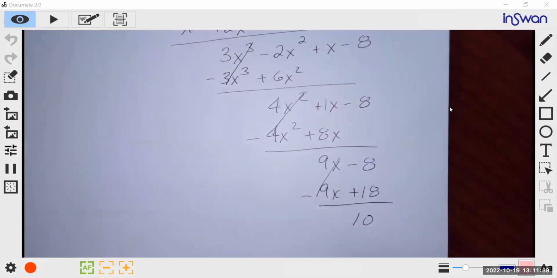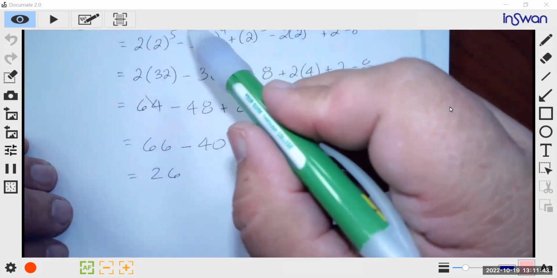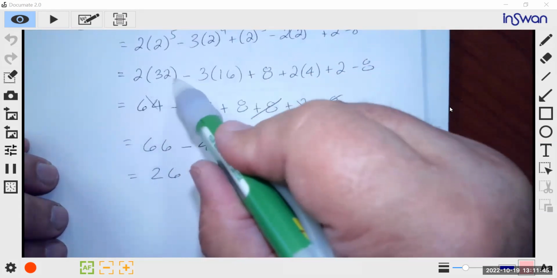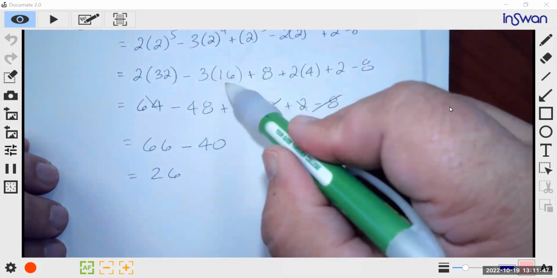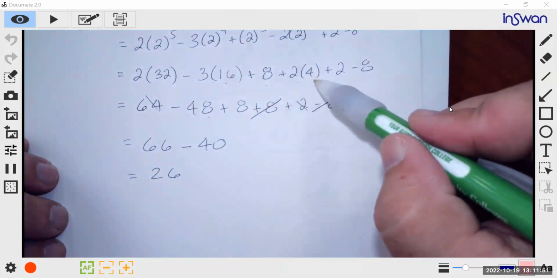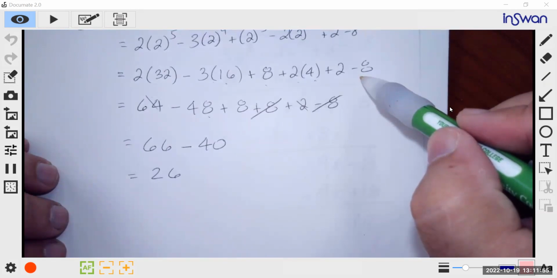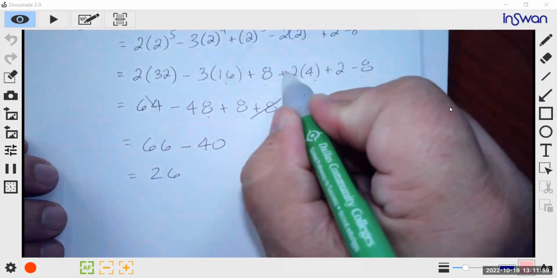Okay, then possibly I made a mistake on this side. 2 times 32 is 64. 48 plus 8 plus 8 plus 2 minus 8. That's where I messed up right here.